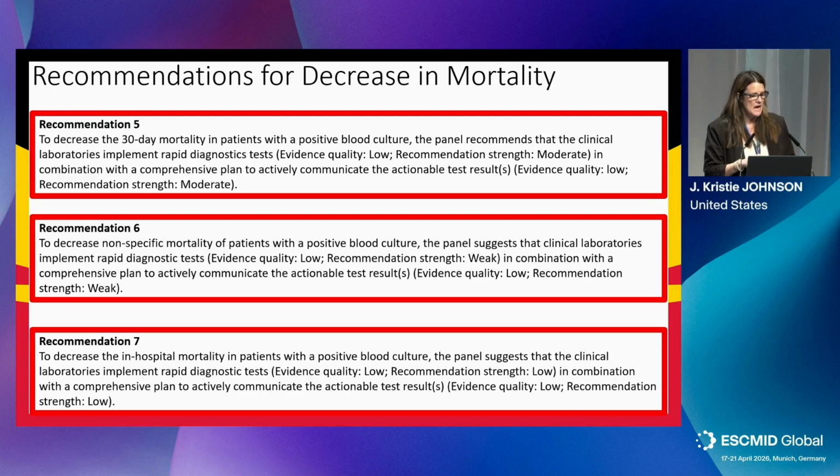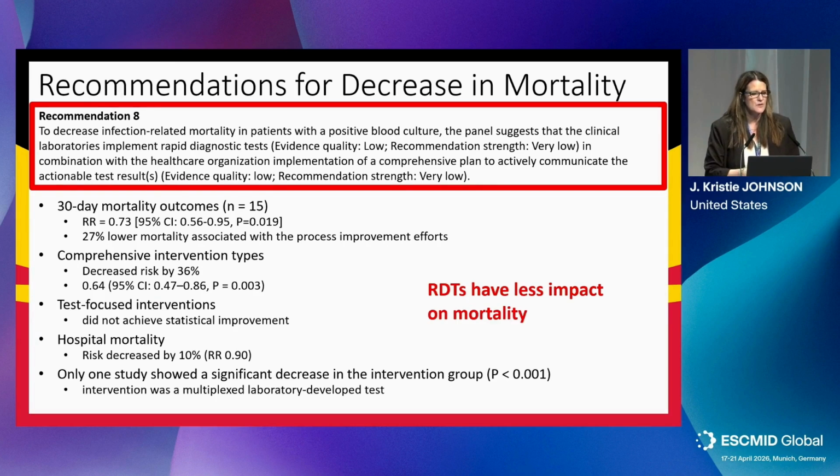Then we looked at non-specific mortality in patients, in-hospital mortality, and then the 4th one was infection-related mortality. And so we recommended the use of rapid diagnostic tests, again, with a comprehensive plan for communication and looking at all the 4 types of mortality.